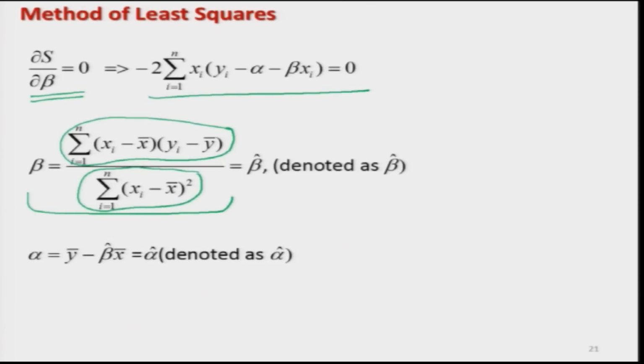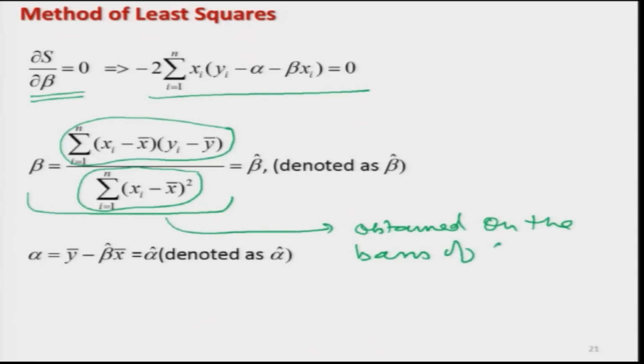And now this is the value of beta that can be obtained on the basis of the given set of data on xi and yi, right. So, this estimated value of beta, which is obtained on the basis of the given sample, is denoted here as beta hat.